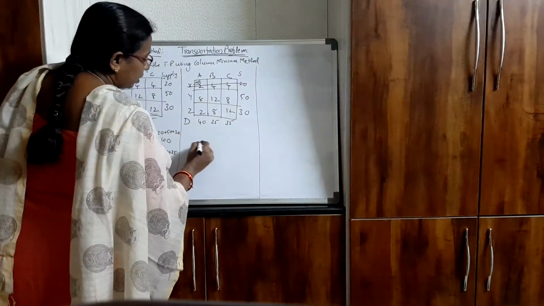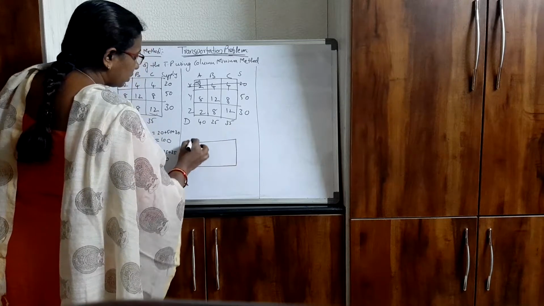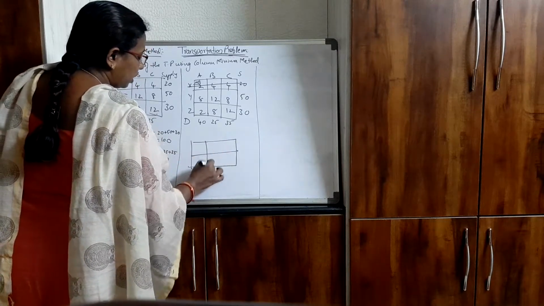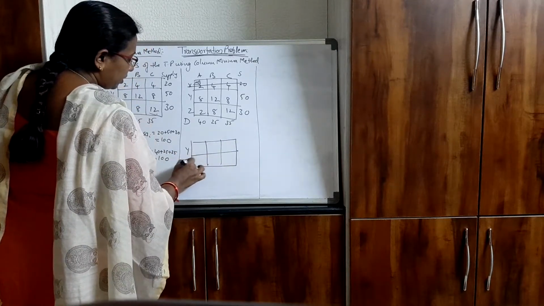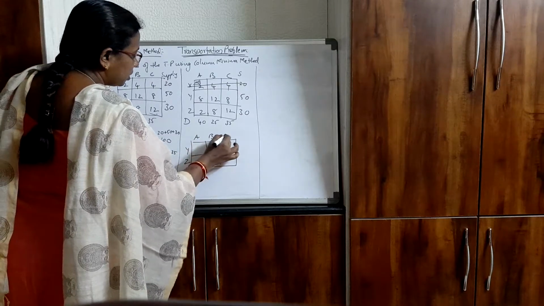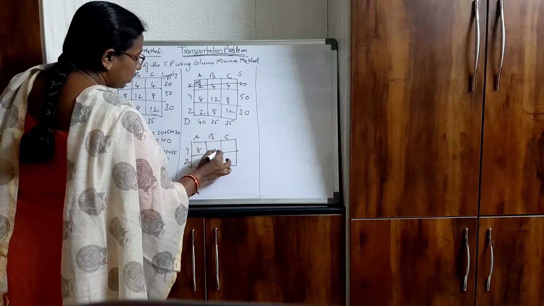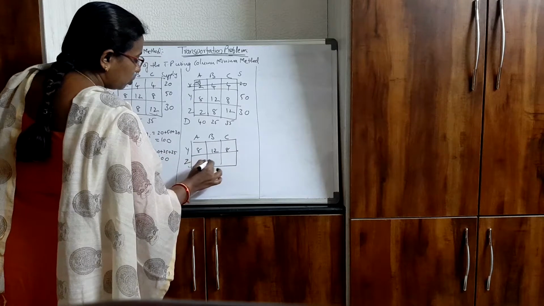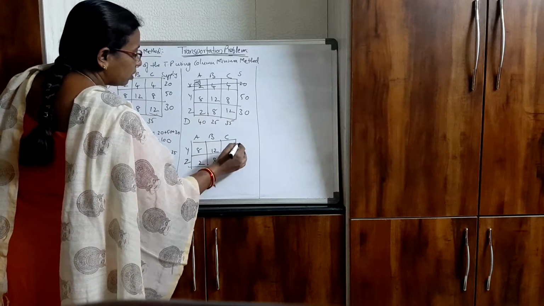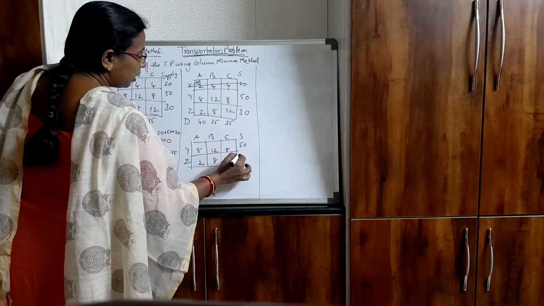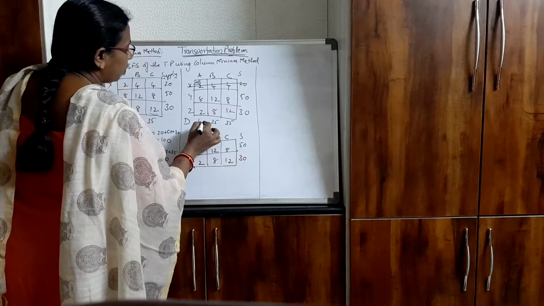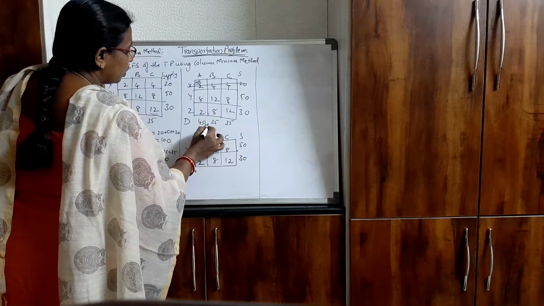Now I will have 2 rows and 3 columns. So Y, Z, A, B, C. Here 8, 12, 8, 2, 8, 12. Supply is 50 and 30. Here 40 minus 20 you have to do, which is again 20.